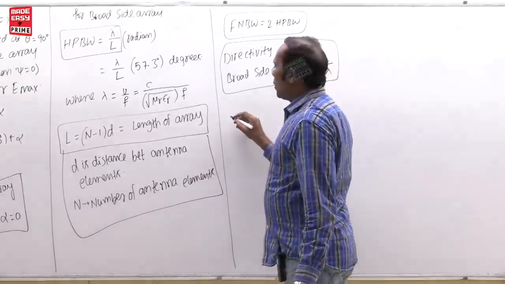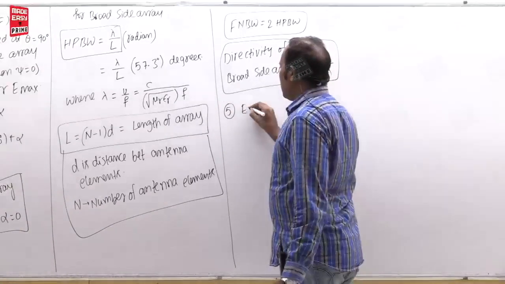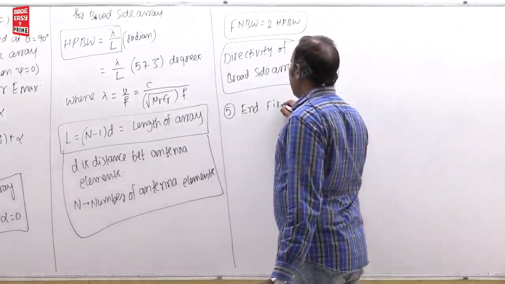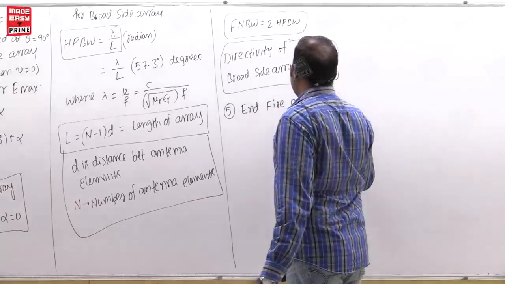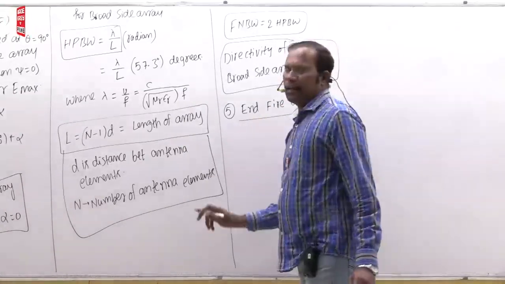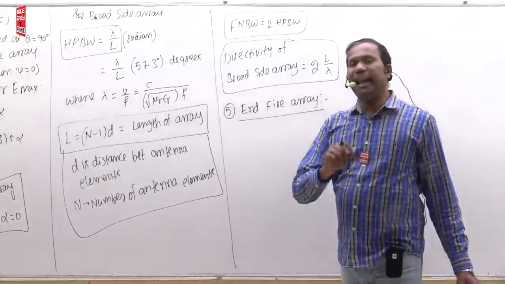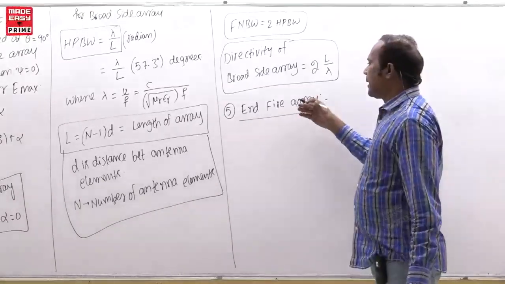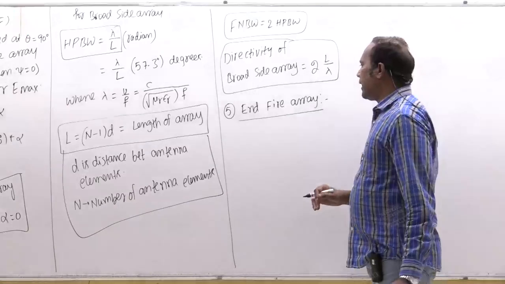Next, in the note 5th point, end fire array. Actually here fire means radiation. Along the endings of the antenna array, maximum electric field is present. That is the meaning of end fire array.